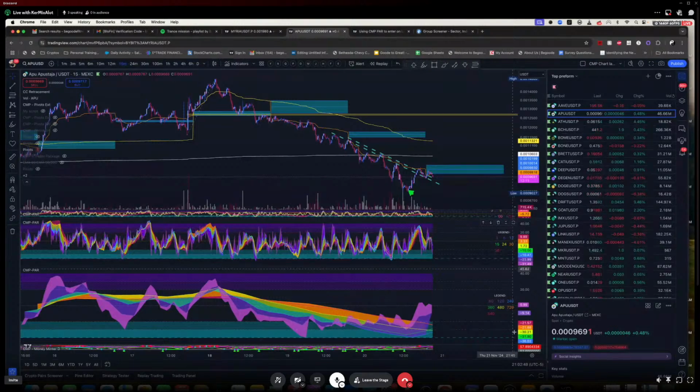Down below, you'll see 60, 120, 240, 360, 480, 720, 840. This is more for a day trading possible swing setup on the PAR ribbon. I consider this the higher time frame, and the one on top, low time frame or scalp, can be interchanged. So I want to look at MNT.